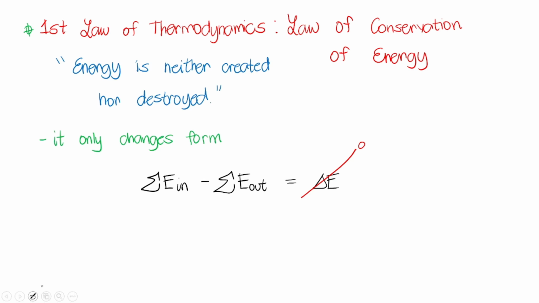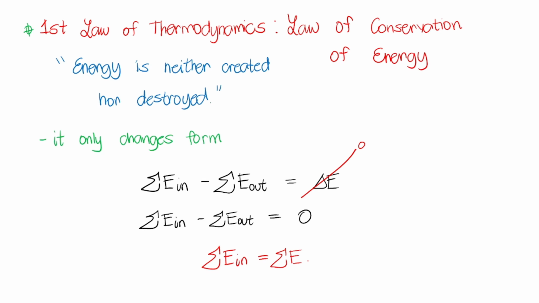So what will happen? The summation of the energy entering minus the summation of our energy leaving is equal to, again, 0. There's no net change because energy is conserved. At para mas madaling tandaan, we can transpose this sa kabilang side, making our equation that the energy that entered our system is also equal to the energy that left our system.